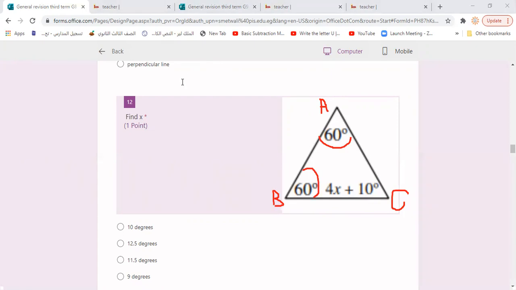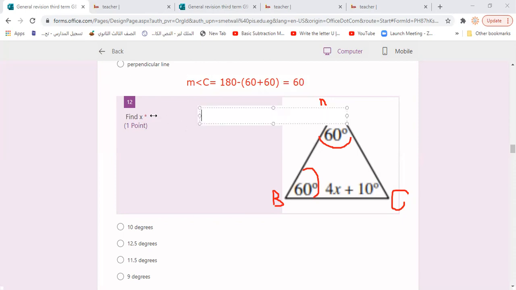We can say from the beginning that the measure of angle C equals 180 minus the parentheses 60 plus 60. It will be 60, right?